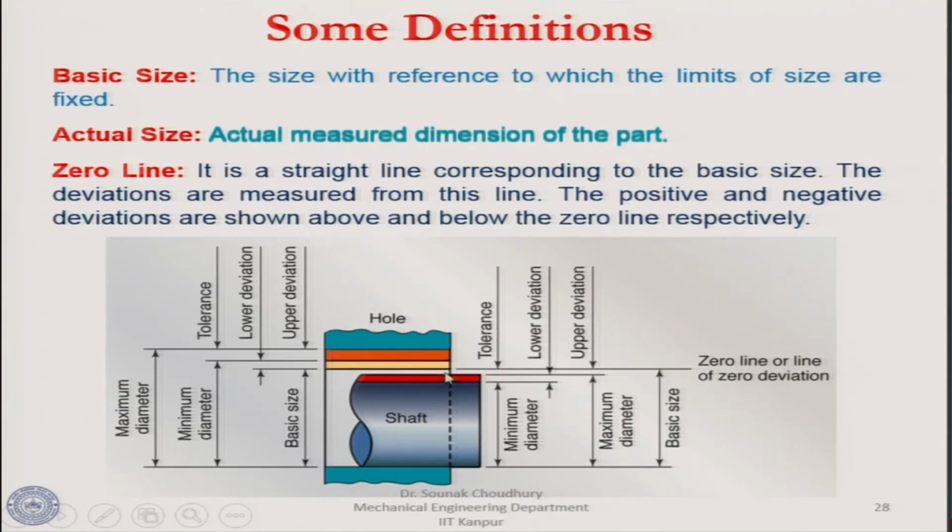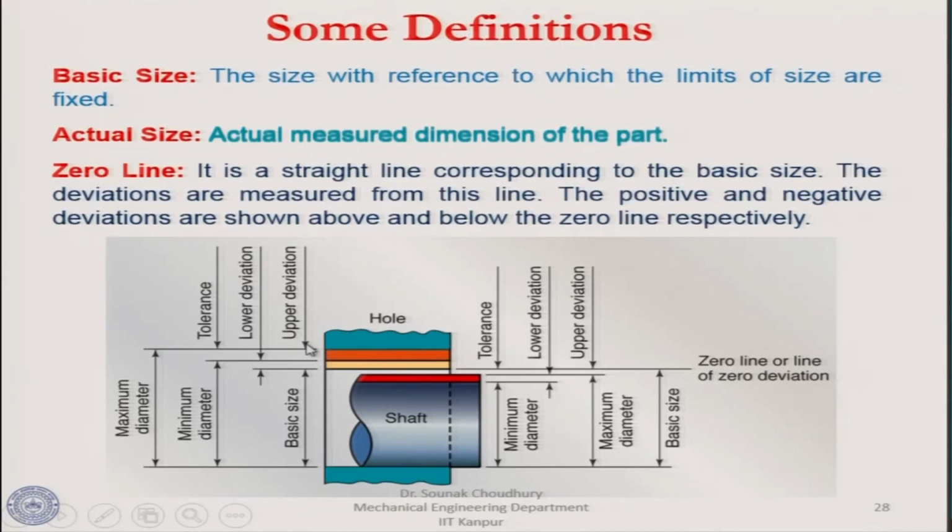So, from this zero line, how much deviation can we have? Let us say we can have up to this. Now, it is exaggerated, of course, you understand that. So, we are saying that the hole diameter can be from here to here. This will be the upper deviation.